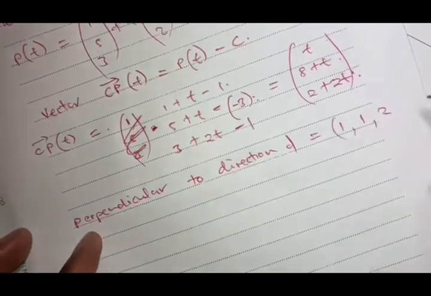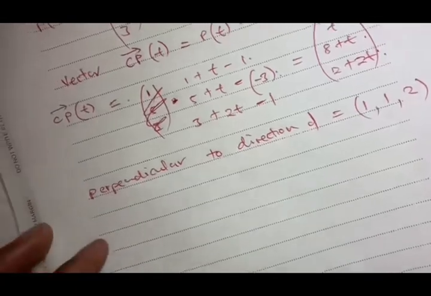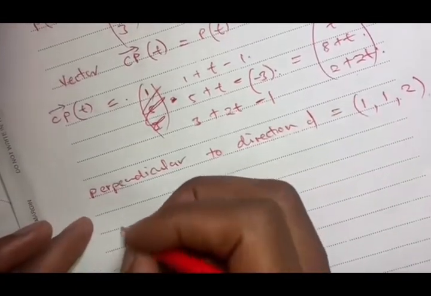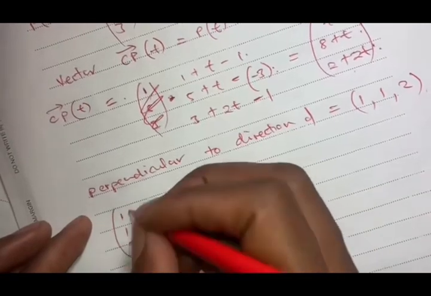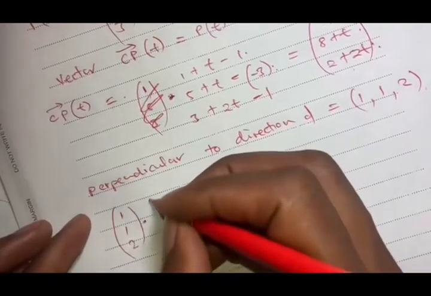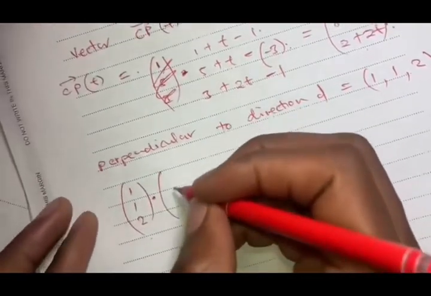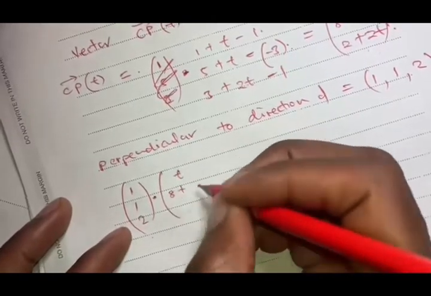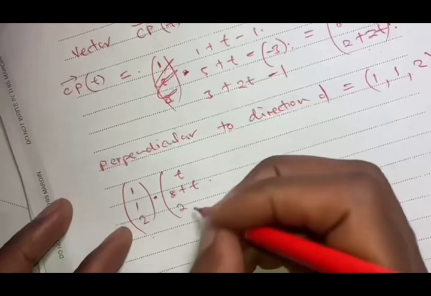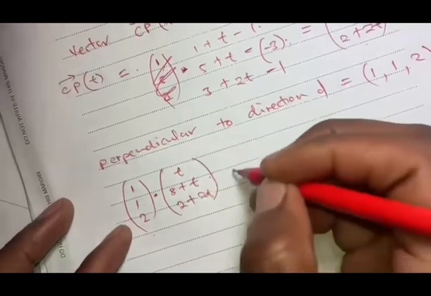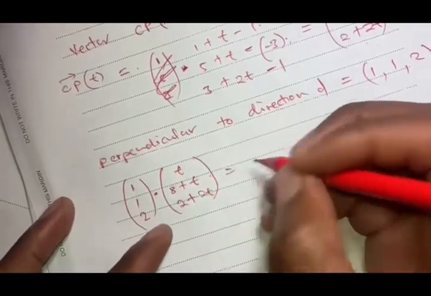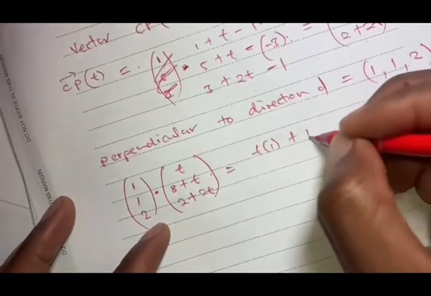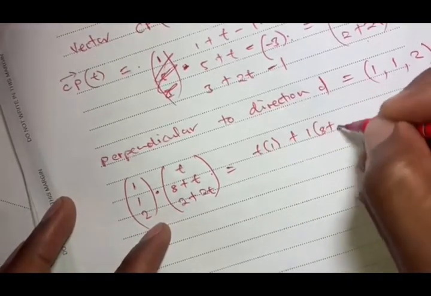So I'm now taking this one here, 1, 1, 2, and multiplying it, taking the scalar product: p plus 2 plus p plus 2 times 2p plus 2.